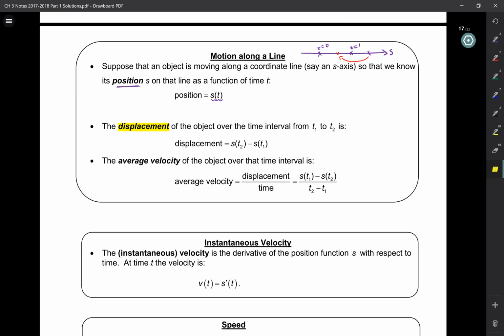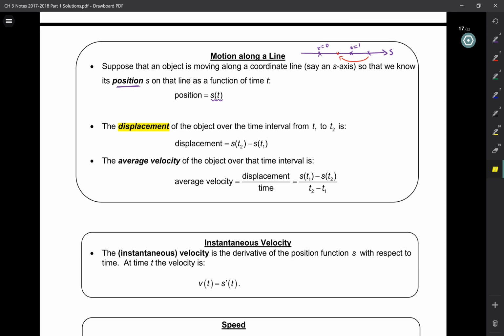So for example, I know some of you are taking physics, but let's say you start here and you're going to move along the line. So you move this way, and then you move back this way, and then you move back that way, and then you stop. So I started right there. I went quite a few steps back and forth, right? But my displacement is only from here to here, because net, compared to the very beginning and the very end, how much of a different position do you have?